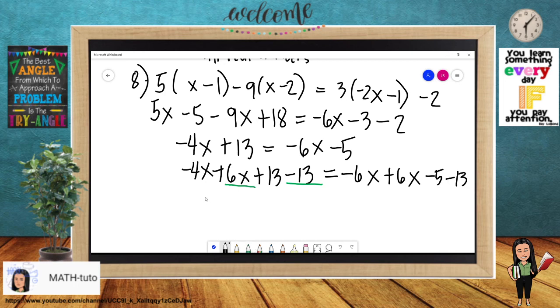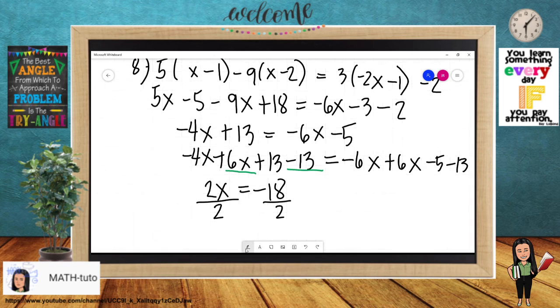Okay. So, simplify. We have 2x equal to negative 18. Divide both sides by 2. X is negative 9.